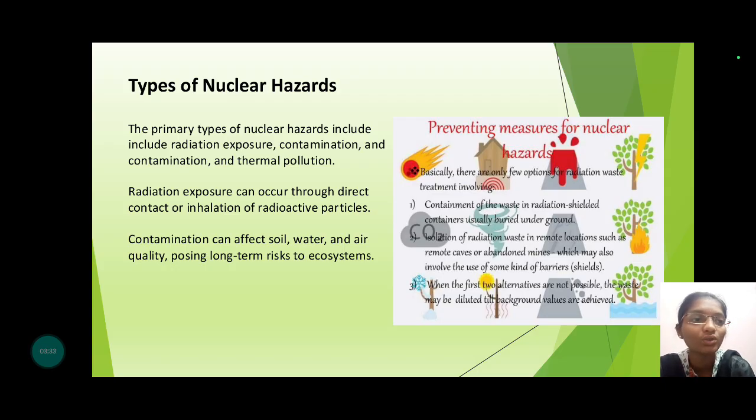When the first two alternatives are not possible, the waste may be diluted till background values are achieved. These are the preventing measures for the nuclear hazards, which we saw below in 3 points.